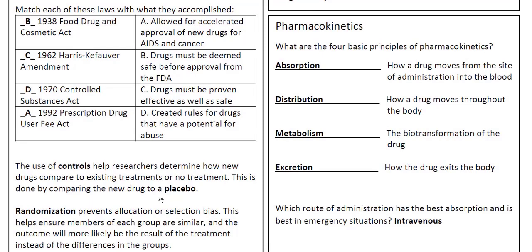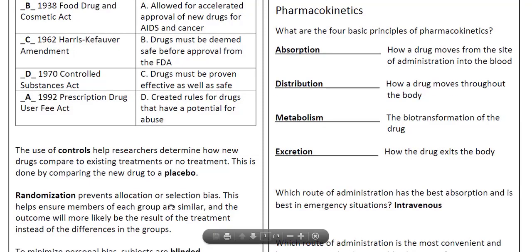Drug companies test their new medications through randomized control trials. The use of controls helps researchers determine how new drugs compare to either existing treatments or no treatment. This is done by comparing the new drug to a placebo or to another existing medication.